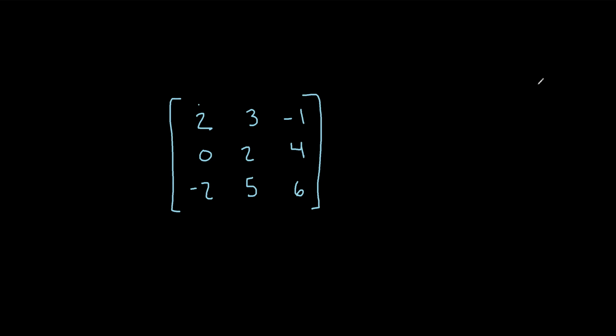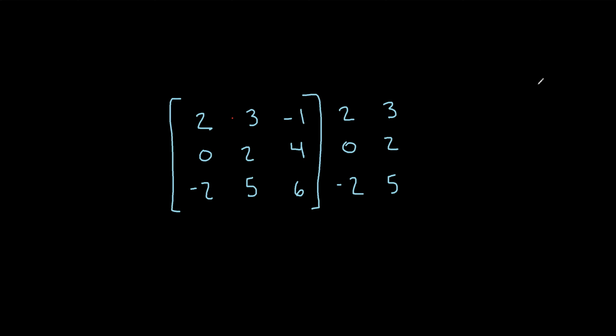To find the determinant of it, it turns out that there's a cool trick that we can use where we rewrite the first and second columns on the outside of the matrix. So let's do that. So we do 2, 0, -2, 3, 2, 5. So we rewrote these first 2 columns on the outside of the matrix.